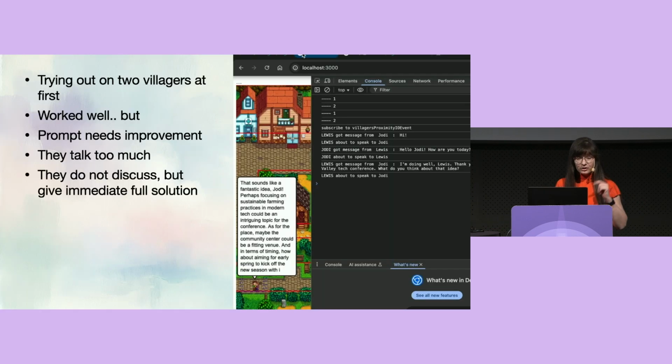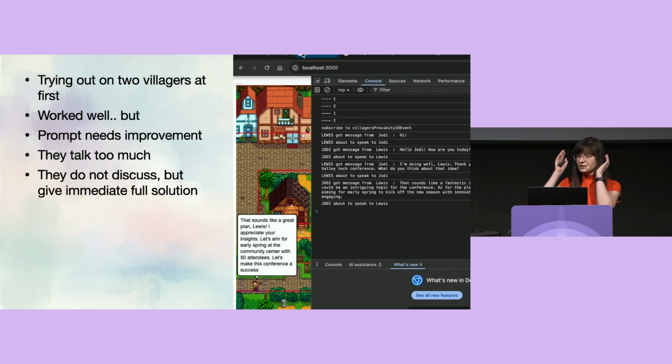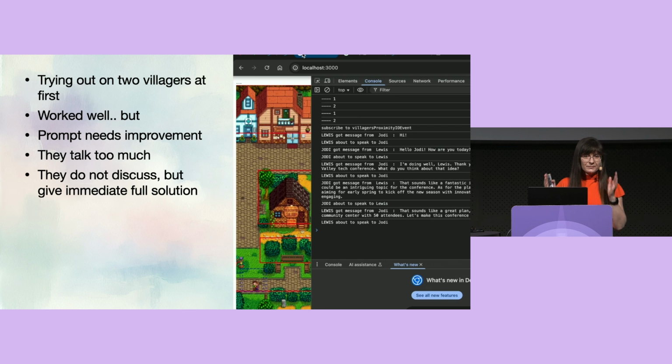And that actually worked. I mean, kind of worked, because with an LLM it's also a bit unpredictable all the time. At first, for example, this is Louis replying to Jody, and Louis just gives too much information, so there is no conversation. So I had to go back and improve the prompts. But in general, Louis was pretty happy to react to that idea of Jody. And once we had that goal, Jody knew that her main goal was to bring that idea of the conference into the conversation.